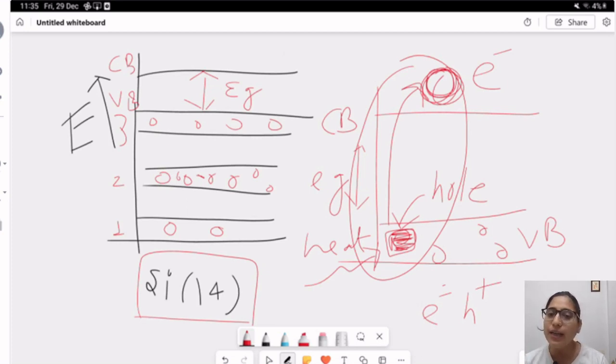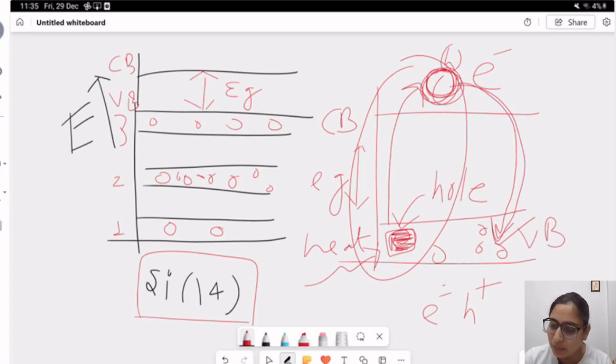But when it loses its energy, it again comes back to the previous space of the valence band. So this process is called recombination. So here again the hole is created and this electron loses energy and comes back to the previous place of the valence band. So this is the process of recombination.